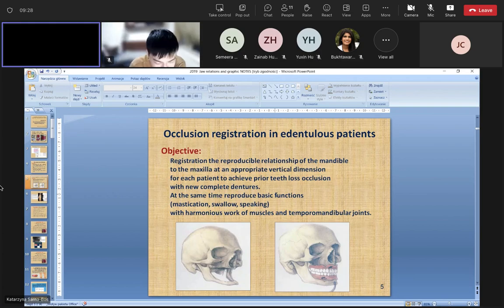The main purpose of occlusion registration in an edentulous patient is registration of the reproducible relationship of the mandible to the maxilla at an appropriate vertical dimension for each patient, to achieve the occlusion of prior to teeth loss with new complete dentures.